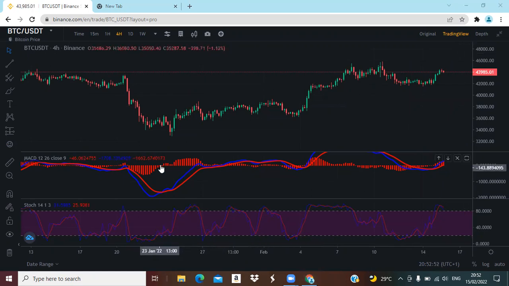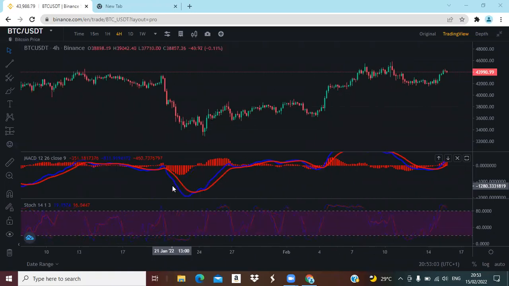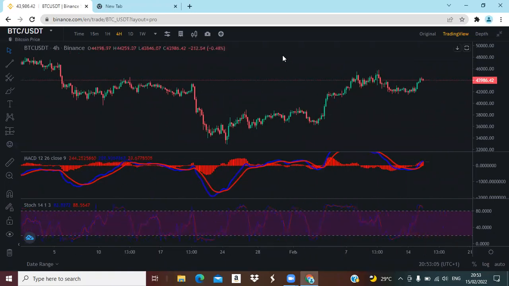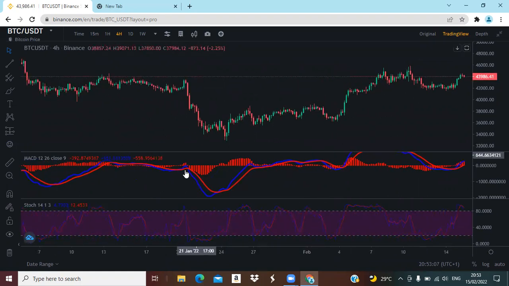First thing, it has to be below the negative side of the MACD. I repeat again, it has to be below the negative side of the MACD. What does that mean?